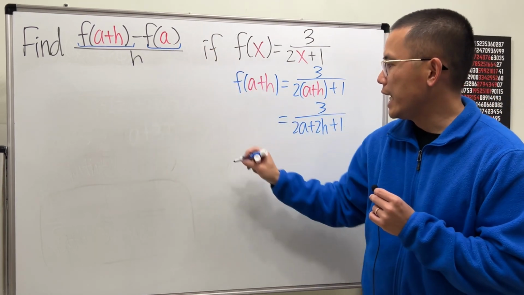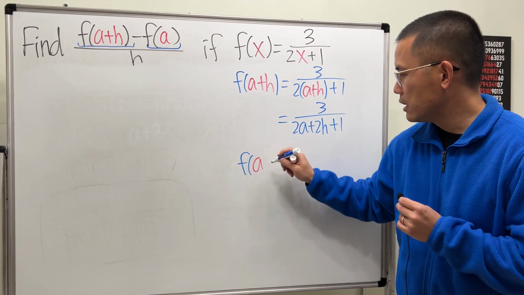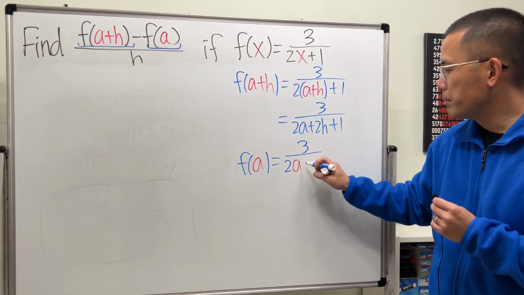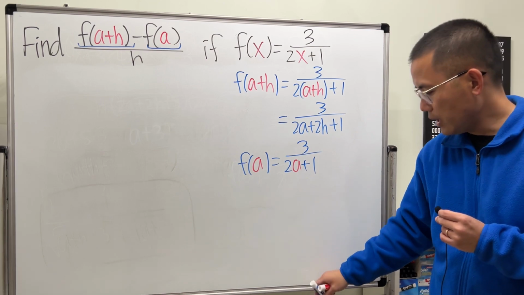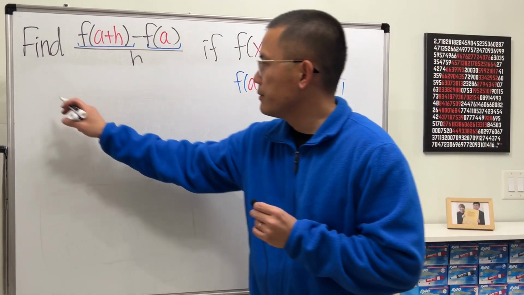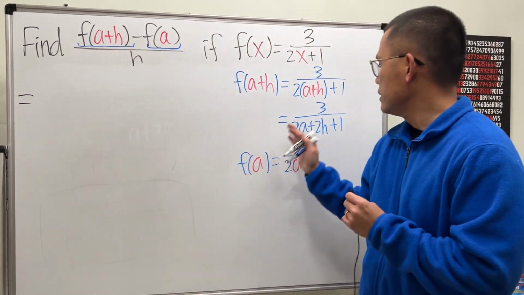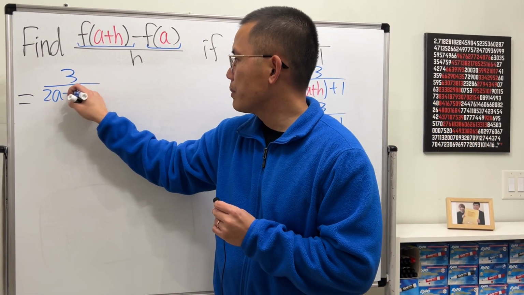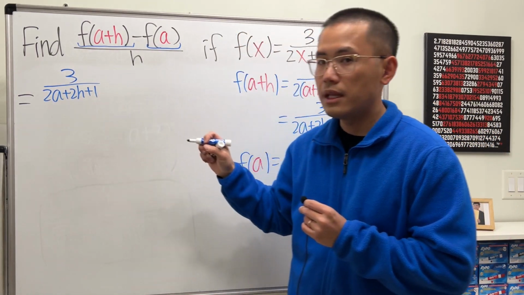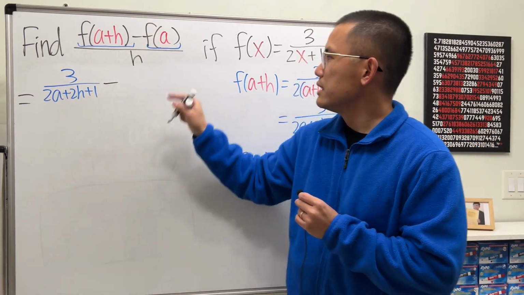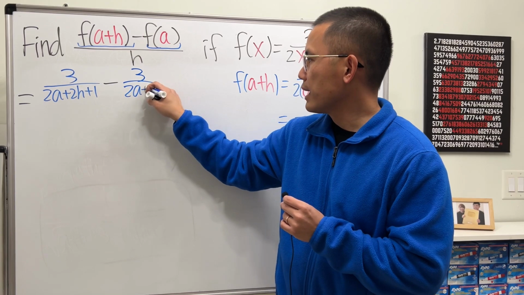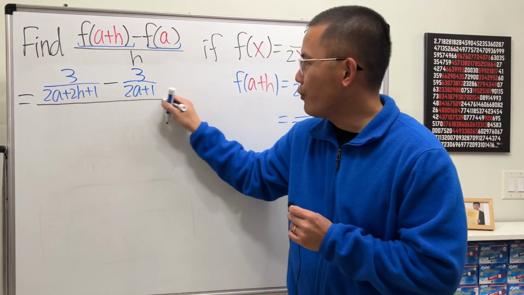Then for f of a, it's just 3 over 2a plus 1. Okay, going back here, this expression is that we have 3 over 2a plus 2h plus 1 minus f of a, which is this, 3 over 2a plus 1, and then all over this h.